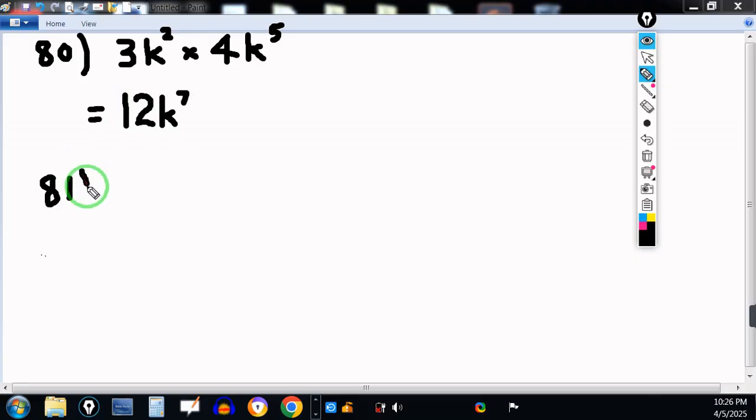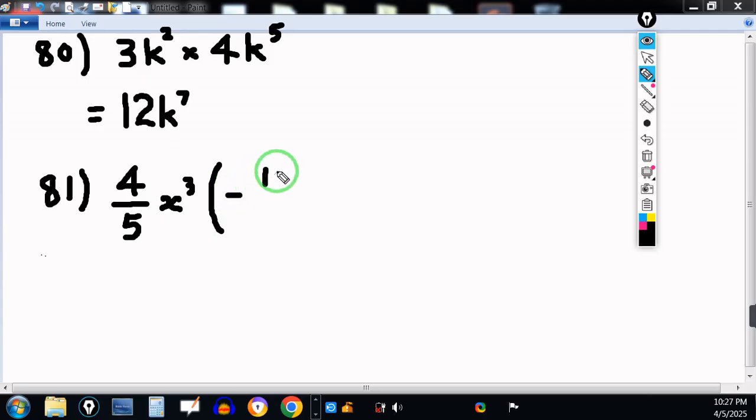Number 81, we go to 4 over 5x to the power 3, and then we open bracket, we go to minus 15 over 8x to the power minus 1.